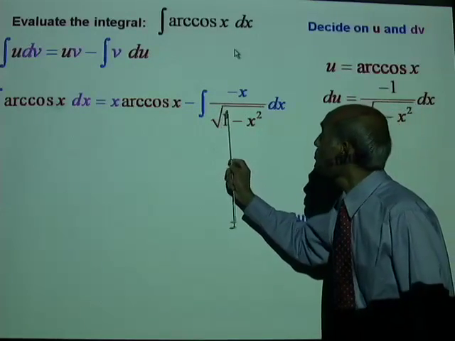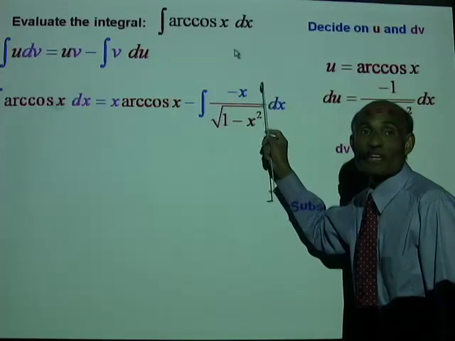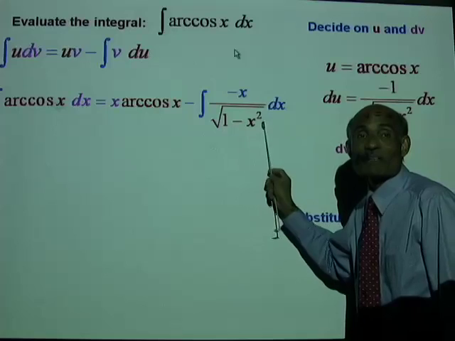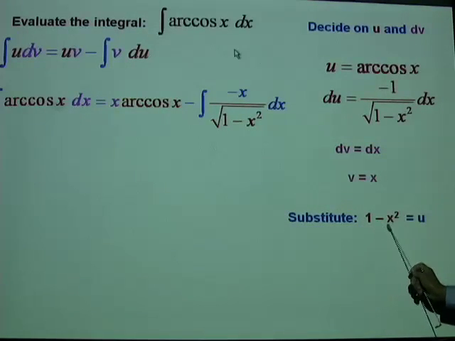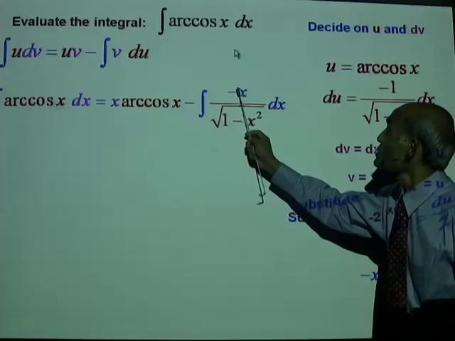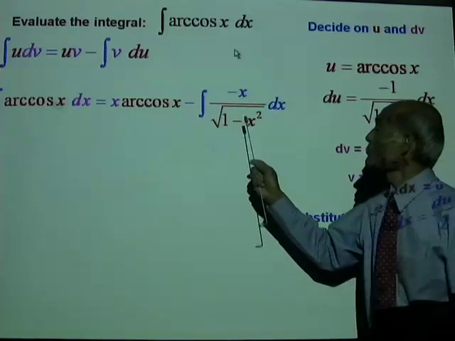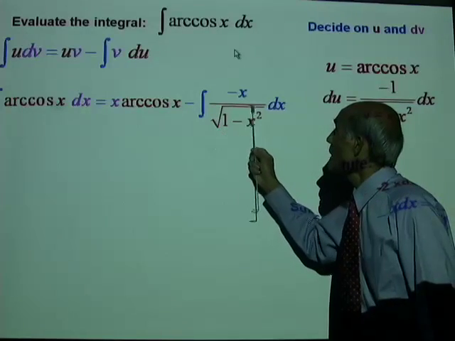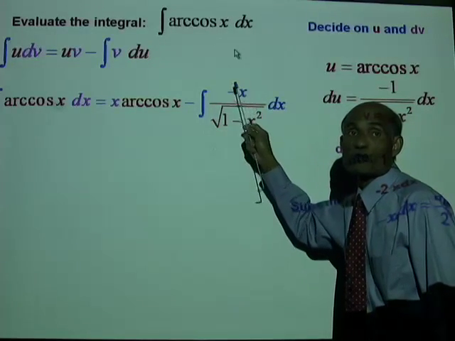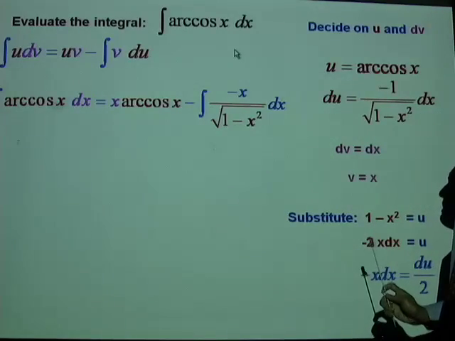And in order to do this integration, we make a substitution. Because there is an x dx there, we can make a substitution, 1 minus x squared equal to u, and that will give me negative 2x dx equal to du, or negative x dx as du over 2. So when you replace 1 minus x squared as u, negative x dx will become du over 2.